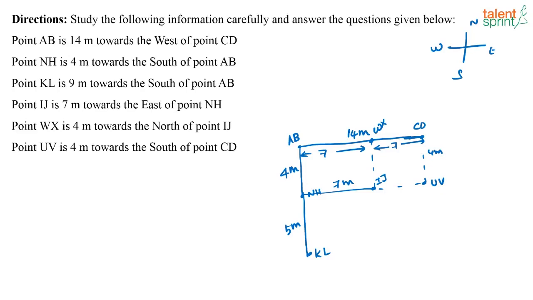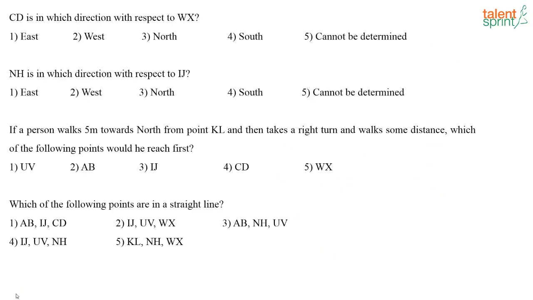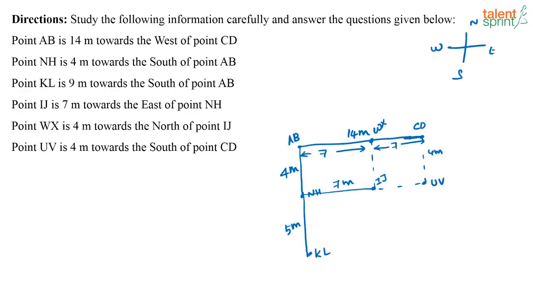Now let us look at the questions that follow. First question. CD is in which direction with respect to WX? If you look at WX, CD is towards the east.